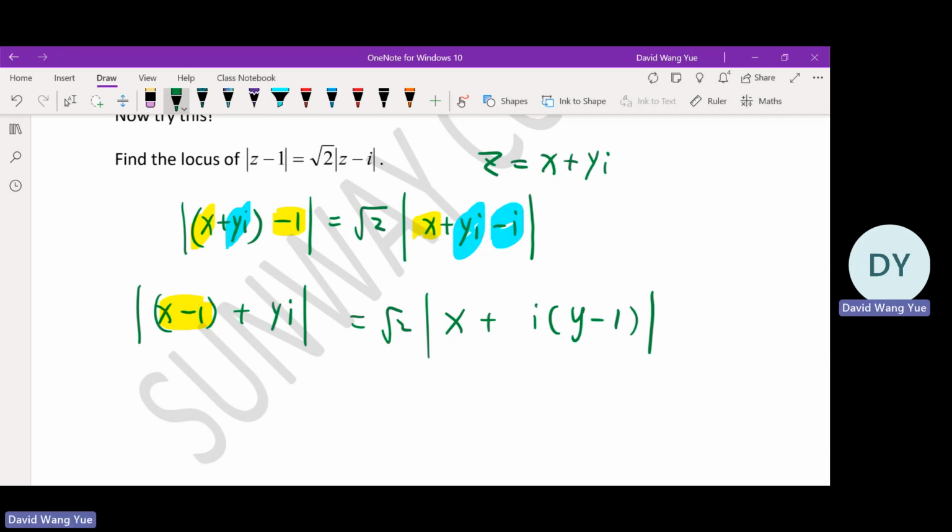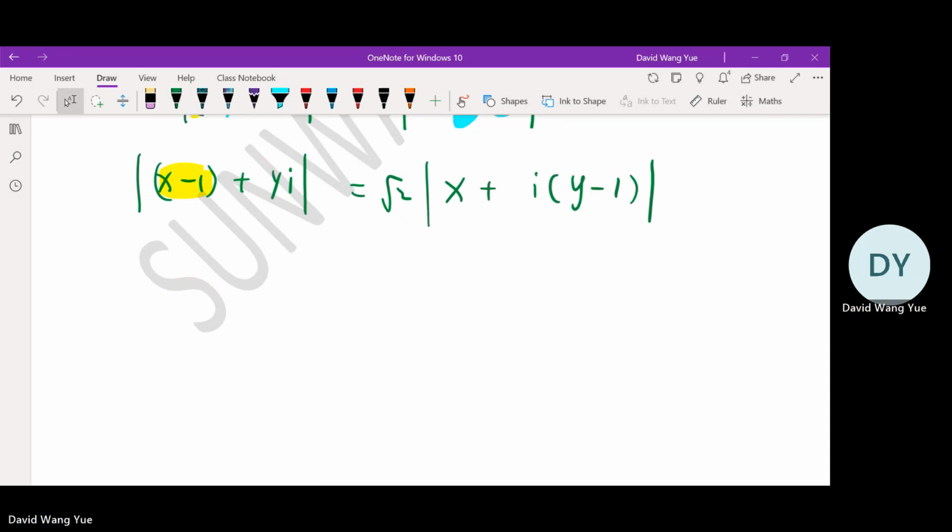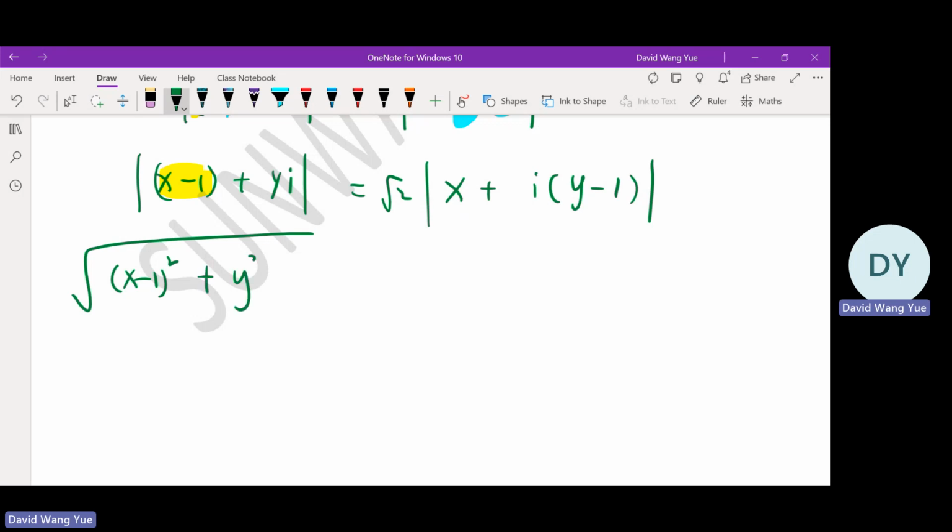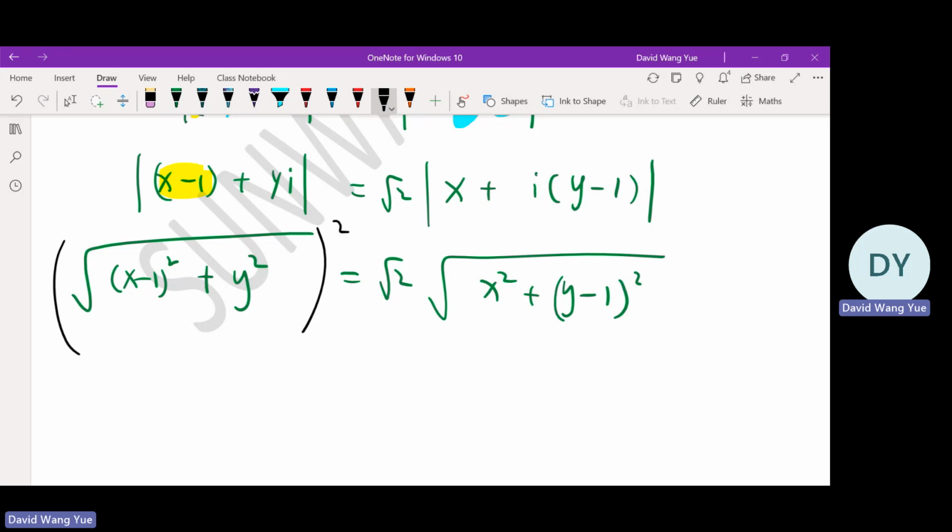Next, how do we get the modulus? The modulus is the real part squared plus the imaginary part squared. Same for the other side, the real part squared plus the imaginary part squared. Now, if I want to remove the square root, I must square the left and square the right.